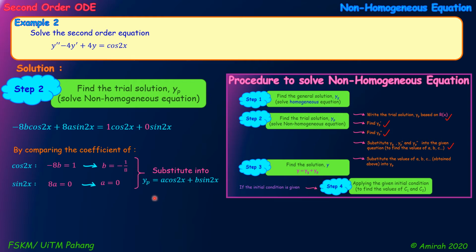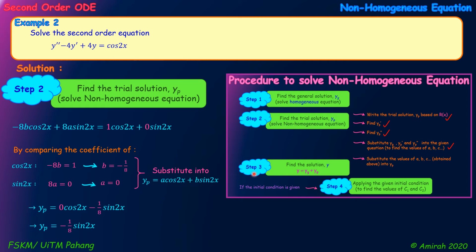From yp here, we replace a equals 0, so 0 cos 2x, and then plus b, which we replace by negative 1 over 8, so we get negative 1 over 8 sin 2x. Then 0 times any value equals 0, so our yp equals negative 1 over 8 sin 2x.